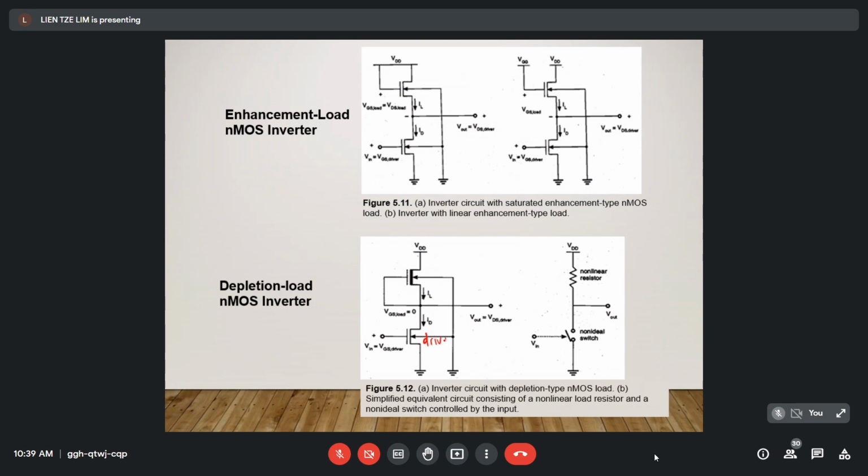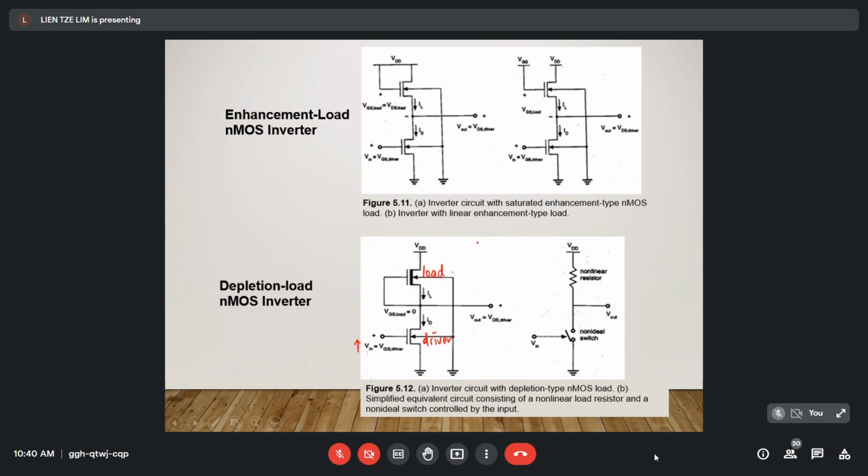This is the load. The driver will start to operate when the input is increased, and then the load transistor will change its operating mode.